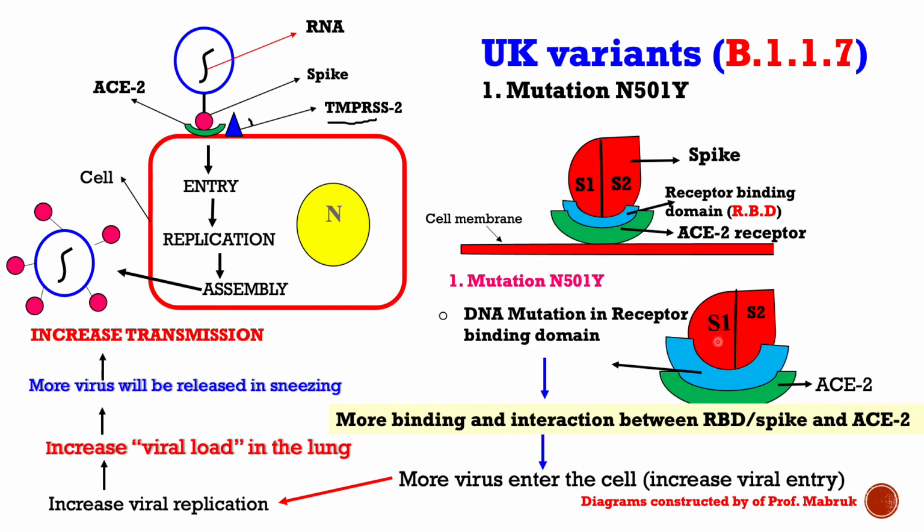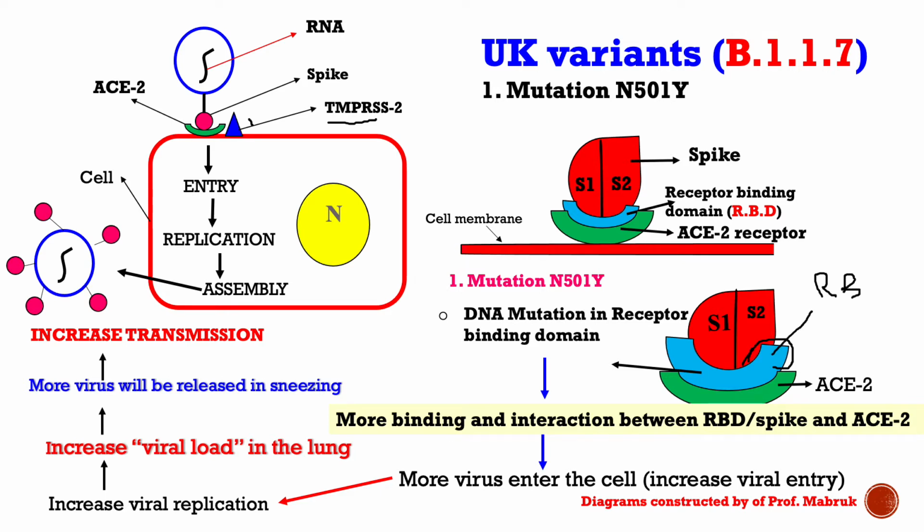So here we have the S1. This is the spike protein. We have the S1 as I mentioned previously, we have the S2, which I'm pointing at with my laser pointer, and then we have the blue color, which is the receptor binding domain, or the RBD. As a result of the N501Y mutation, there is a change in the receptor binding domain. You can see here, for example, a change in the shape, or a thickness.